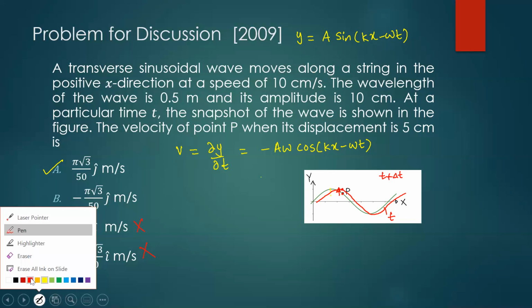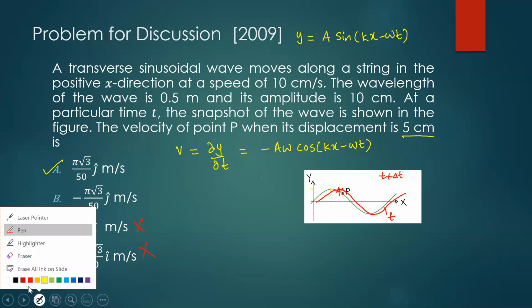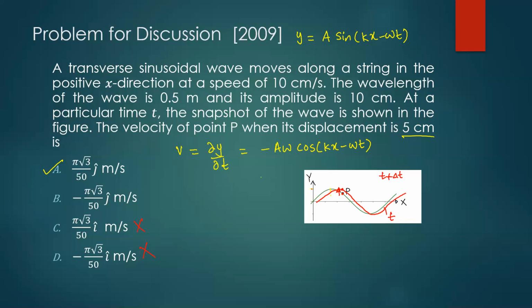Yes, the y value is 5 centimeters. This amplitude is 10 centimeters, right? Amplitude is the maximum possible displacement, so that is 10 centimeters. This is 5 centimeters, or I can just take a by 2.